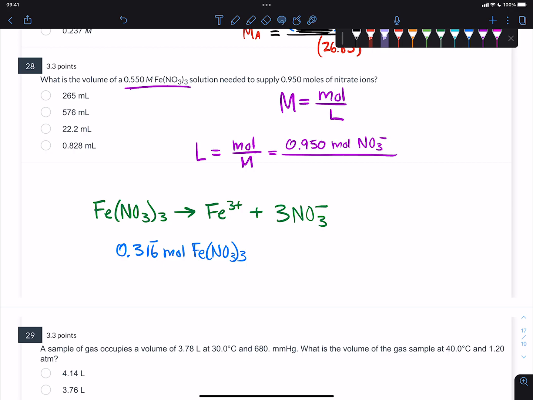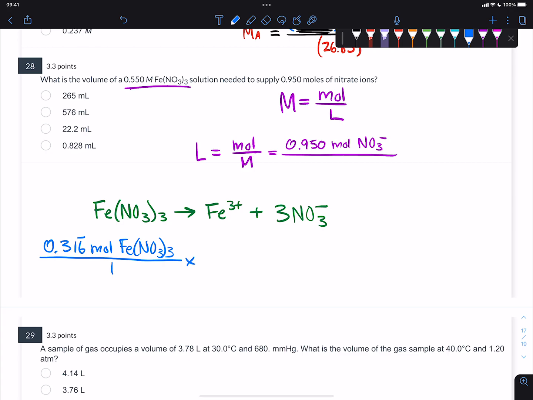So dimensional analysis can actually carry us all the way through to the end. We have this many moles of iron 3 nitrate, which is equivalent to this many moles of nitrate ions when it dissolves. Let's convert our moles of iron 3 nitrate into liters of iron 3 nitrate.